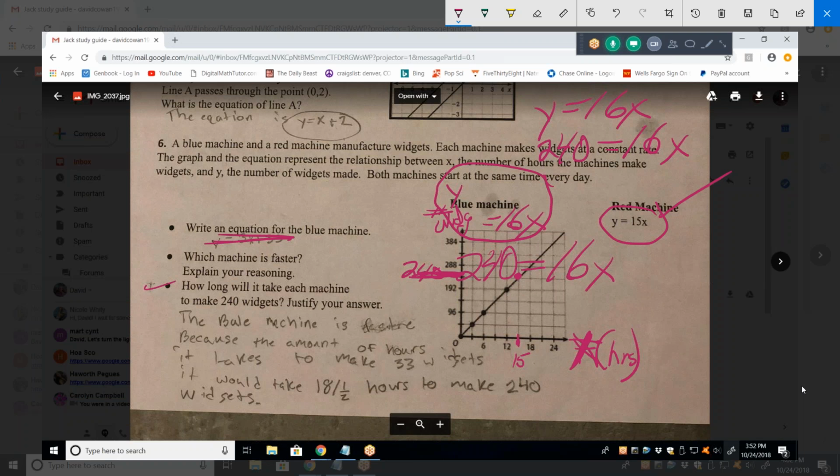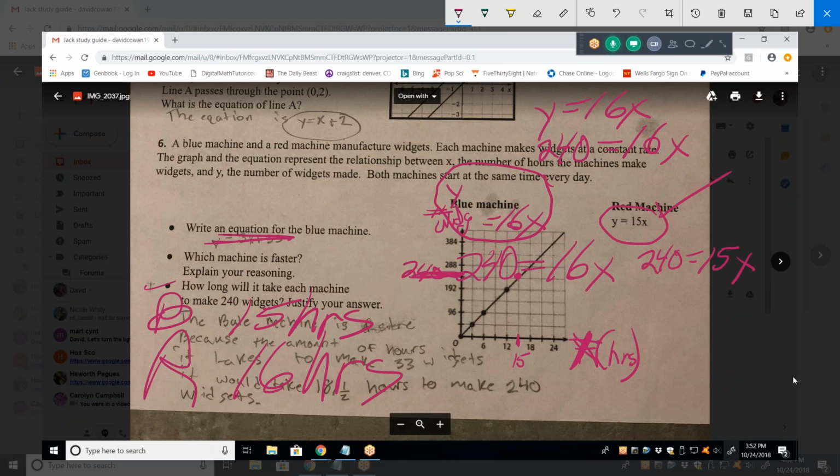Yeah, y is the number of widgets you're making. That's what y means. So in this case, it's 240 equals 15x. And if I use my calculator for that, I get 16. So the blue machine takes 15 hours, and the red machine takes 16 hours.